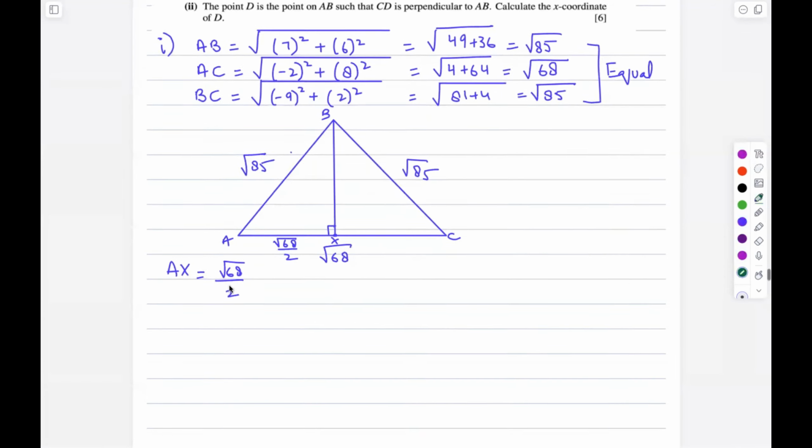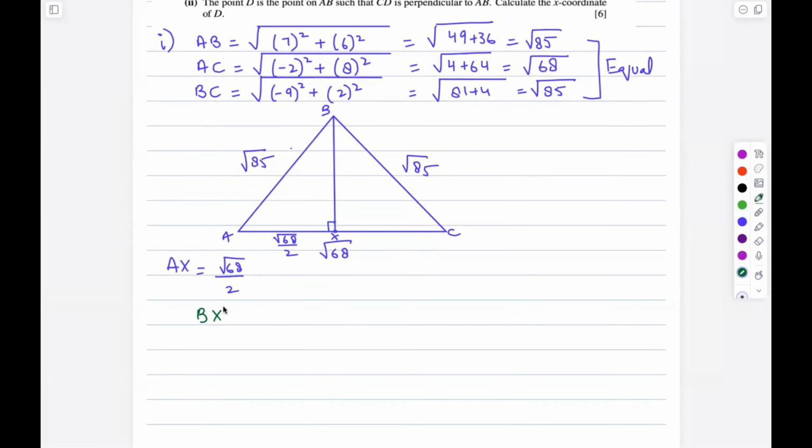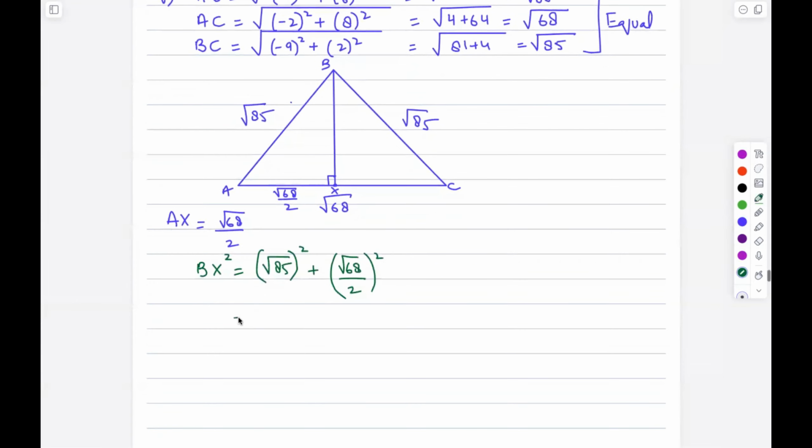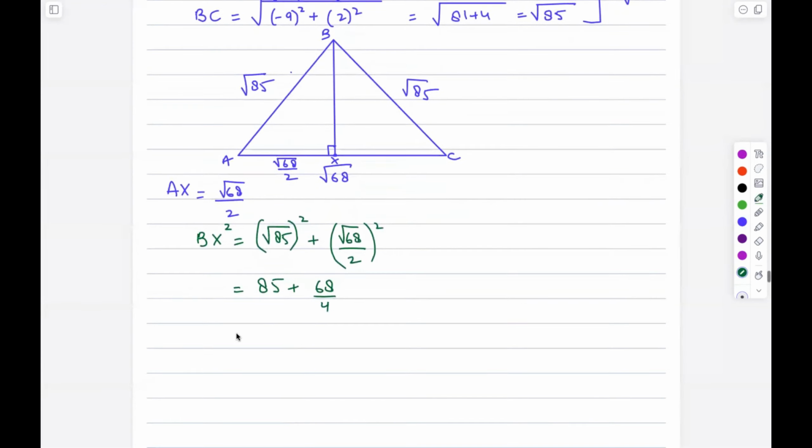So applying Pythagoras theorem, BX squared will be equal to the square root of 85 whole squared plus the square root of 68 upon 2 whole squared. So the square root of 85 squared will become 85. This will become 68 upon 4, and 68 divided by 4 is 17.